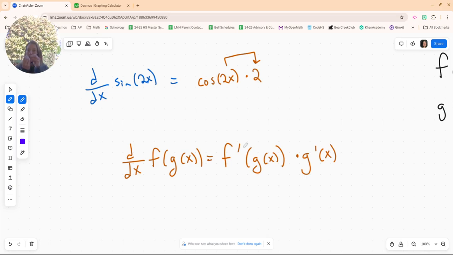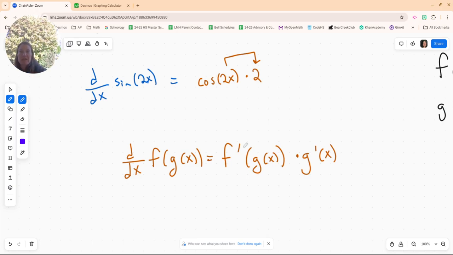And then if g was a conversion between hours and seconds, then g prime would take that meters per hour, multiply it by hours per second, and give me a meters per second output. This makes sense in my head. f prime of g of x measures the rate at which f is changing with respect to g. g prime of x measures the rate that g is changing with respect to x. So f prime of g times g prime measures the rate at which f is changing with respect to x.